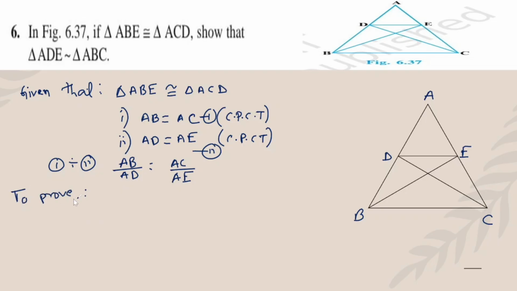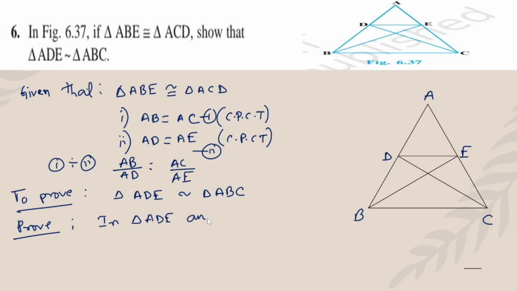Now, what do we have to prove? We have to prove triangle ADE is similar to triangle ABC. Proof. In triangle ADE and triangle ABC, condition number 1: angle A for the triangle ADE and for the triangle ABC is common for both cases.